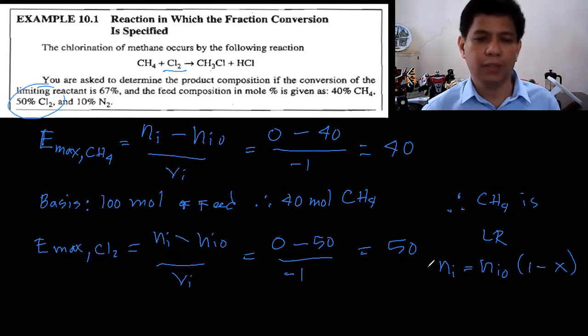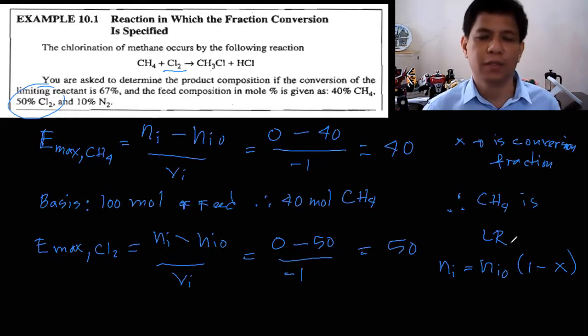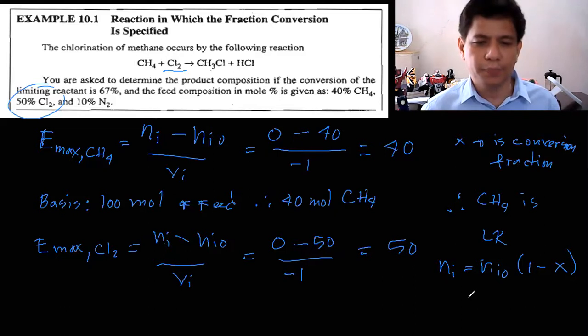Try to remember this equation when there is conversion. X is the conversion fraction, not percentage, because I used 1 here. If you used 100, then use the percentage. So, for example, initially you have 40.